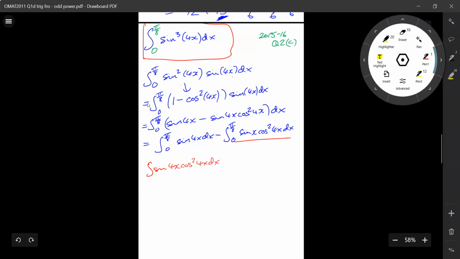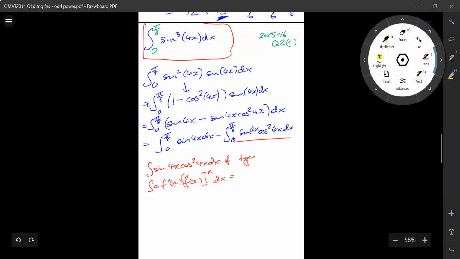Obviously, in here, I should have 4x, not just x. 4x in there, and that's of the type integral of a times f prime x times f at x to the power of n dx.